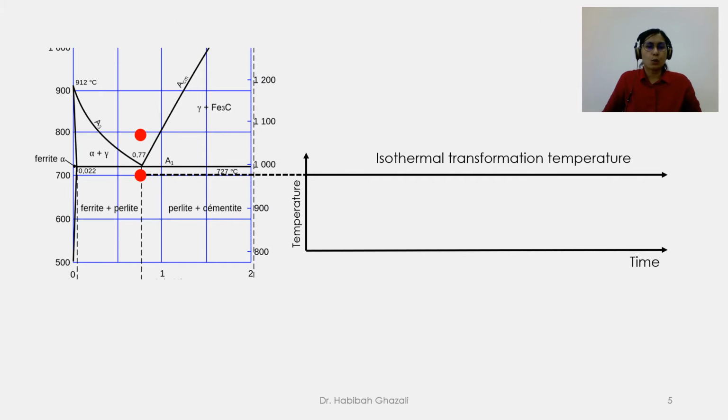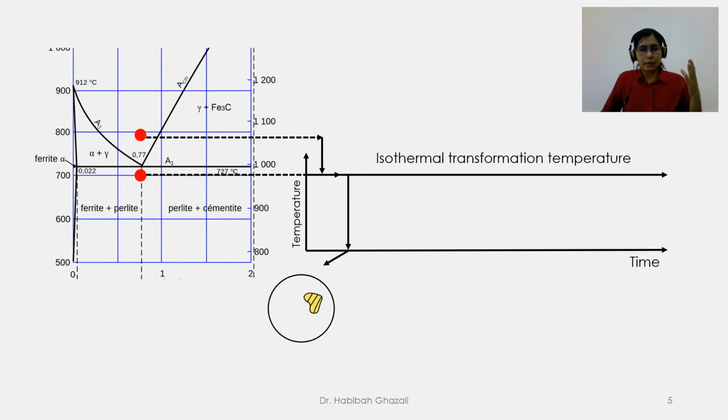They start at time equals 0 seconds, where everything is still in the austenite microstructure, austenite phase. They will let the first disc be held at that temperature for 6 seconds, and then they quench it to look at how much has been transformed.